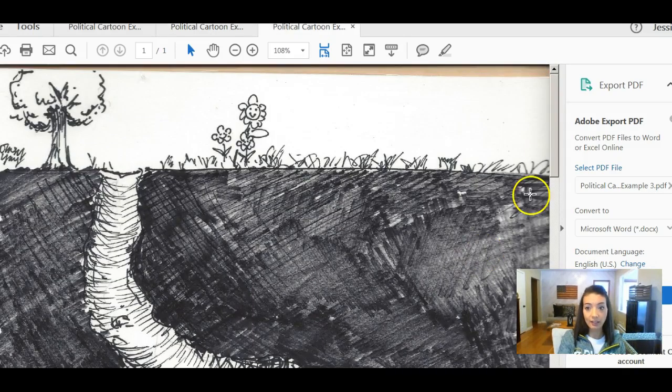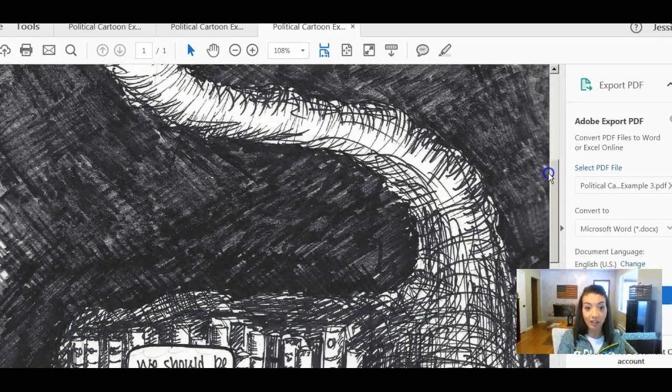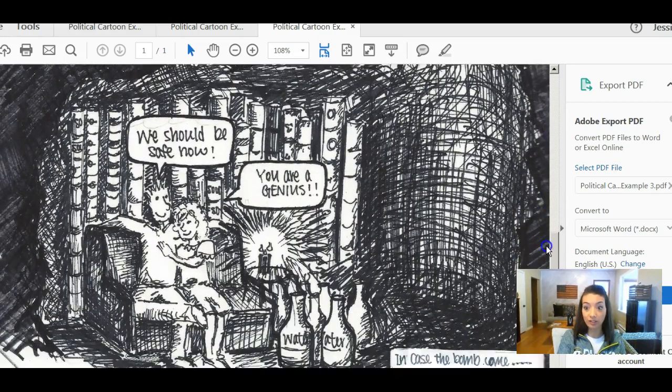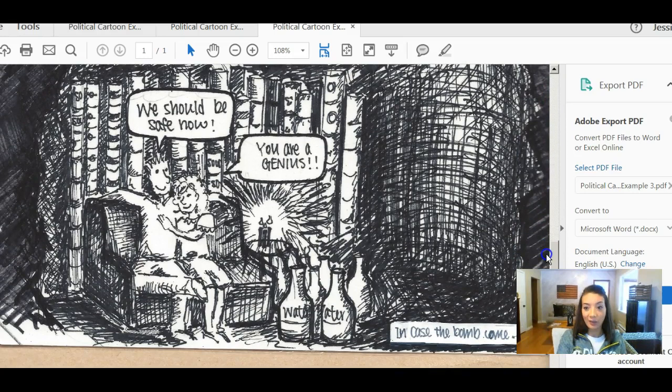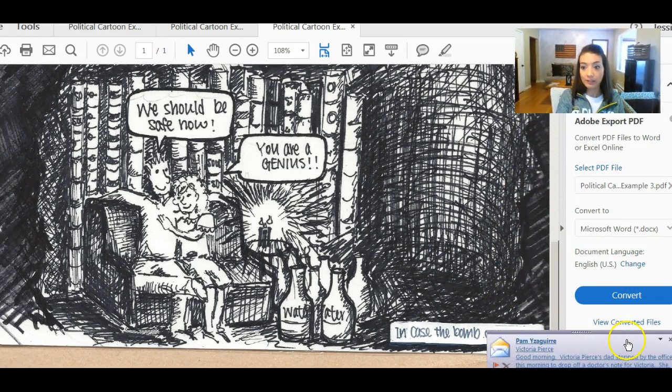And here is another. This was actually a foreign exchange student that I had from Hong Kong, and I thought she was pretty amazing. I thought she could be a professional illustrator. Okay, so I'm going to move this up here for just a moment. So this is the caption.